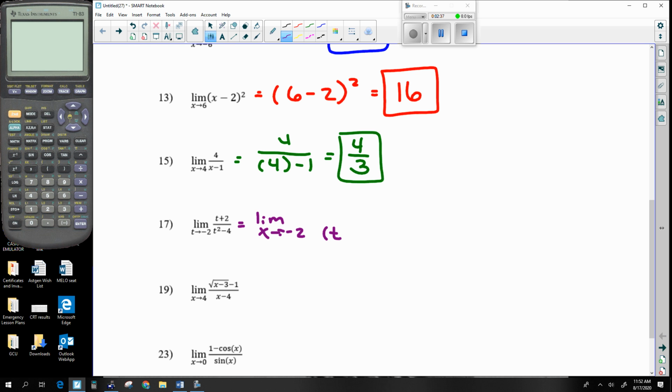The denominator is t plus 2 minus 2, with the numerator as t plus 2. So I saw that there was illegal mathematics, and as I said, chances are the problem is most likely factorable. All right, so this is 1 over -4, or -1/4.